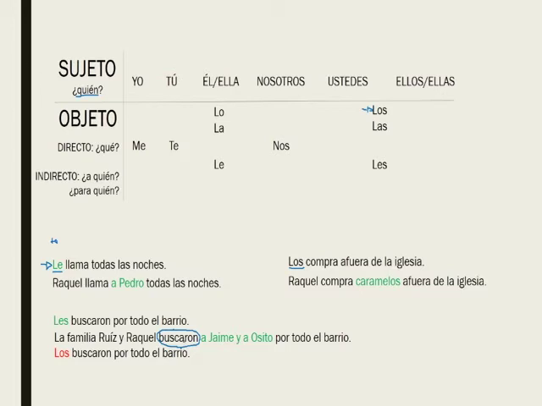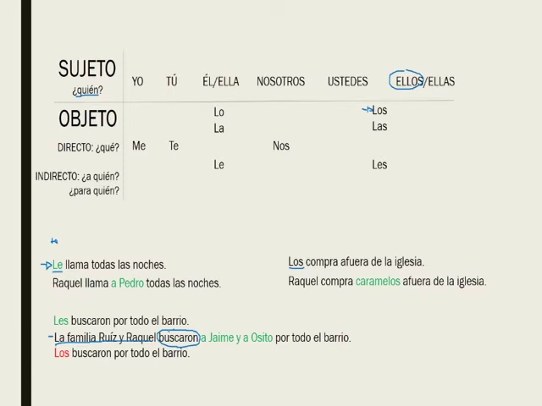Who looked for Jaime and Osito? La familia Ruiz y Raquel looked for Jaime and Osito. So I can change this subject, la familia Ruiz y Raquel, for ellos, right? Plural. Ellos buscaron a Jaime y a Osito por todo el barrio.